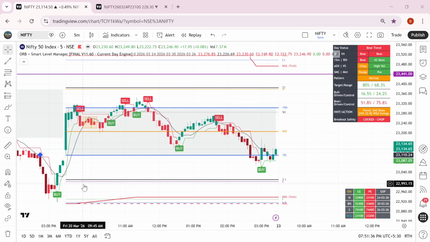Conversely, if the market is bearish, a 15-minute high and a 5-minute low will appear. That specific line will be the first to materialize. Following that, the 15-minute line will subsequently appear. Immediately after the completion of this initial 5-minute candle, your crucial target lines will become visible. T1 will be positioned on this side, and on this other side, you'll have T1 as well. So you will receive target lines on both sides.